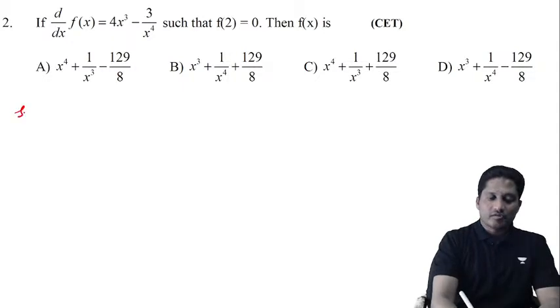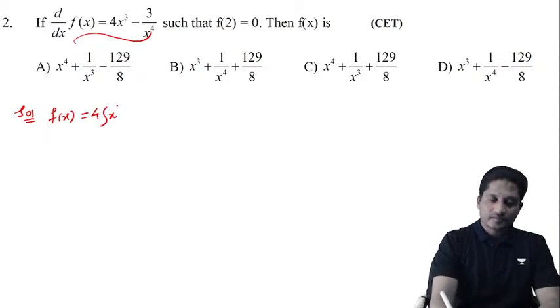If I integrate throughout, you get f(x) is equal to 4 times integration of x cube dx minus 3 times integration of x to the power of minus 4 dx and plus c.